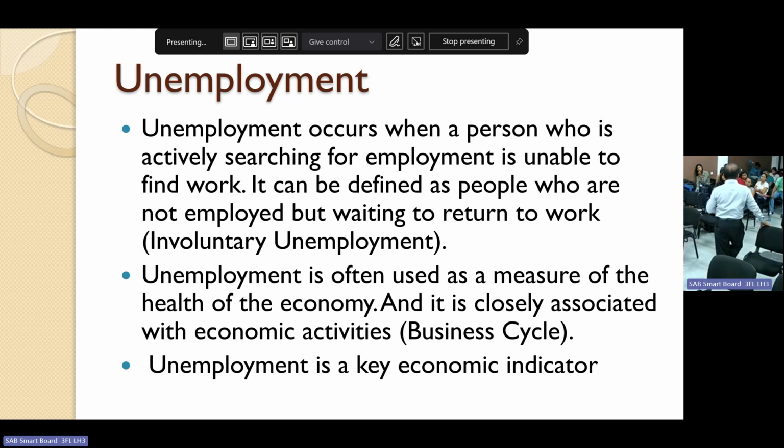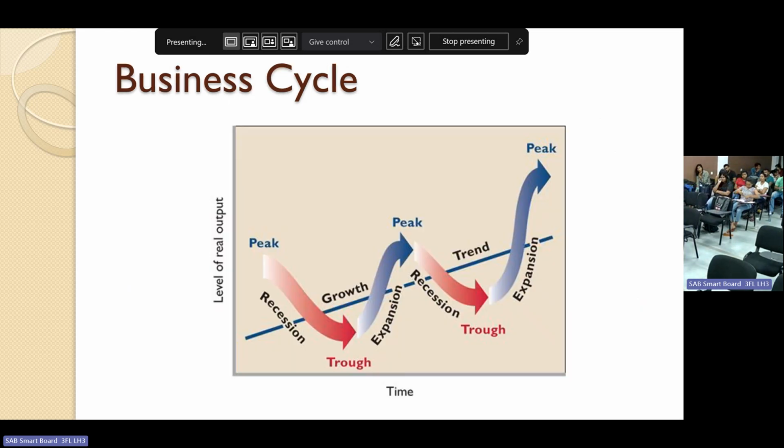If there is an expansion or boom, unemployment decreases. Unemployment and inflation are closely associated with the business cycle; that is the economic indicator aspect. Now you can look at the recession and expansion, the stagflation points and growth, which closely explain the employment information.